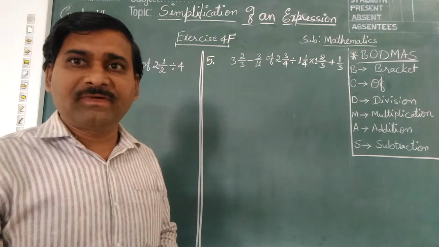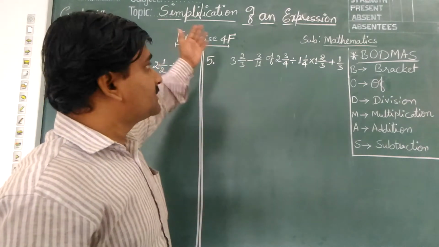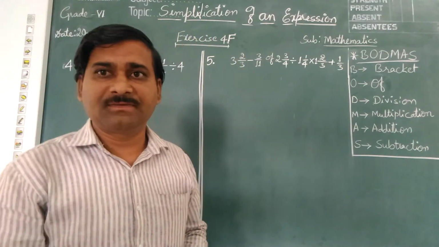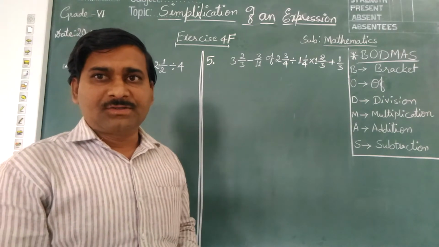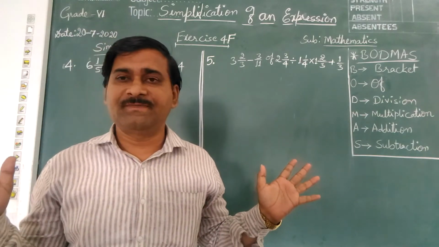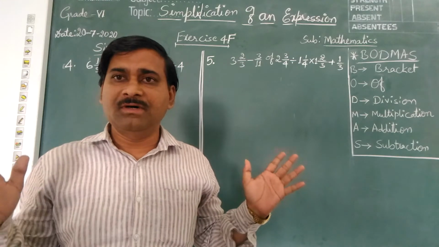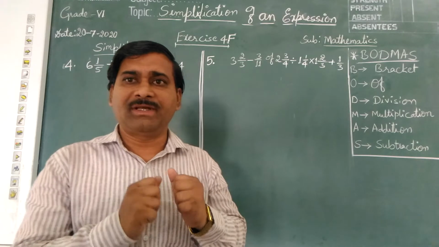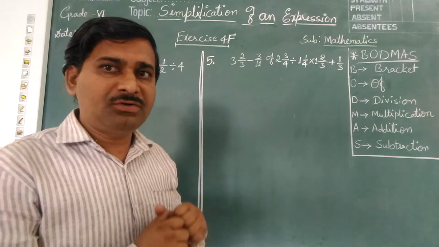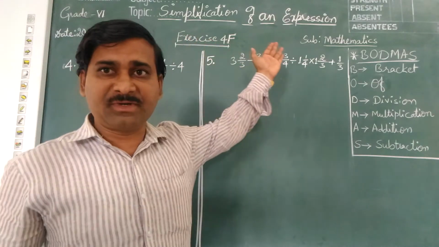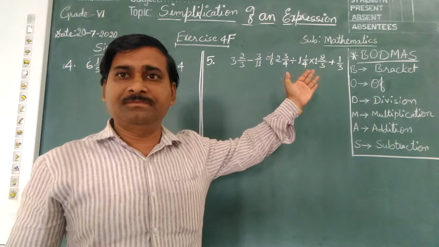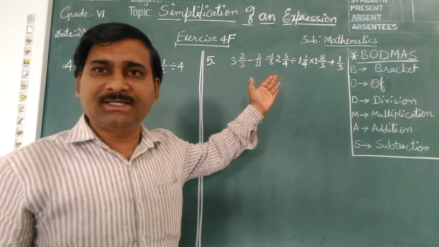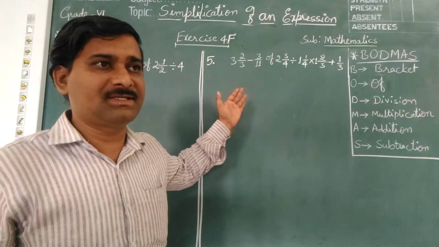In the last class, we were discussing simplification of an expression. An expression means numbers that are connected by mathematical operations. So how do we simplify such expressions, which were discussed in the last class?